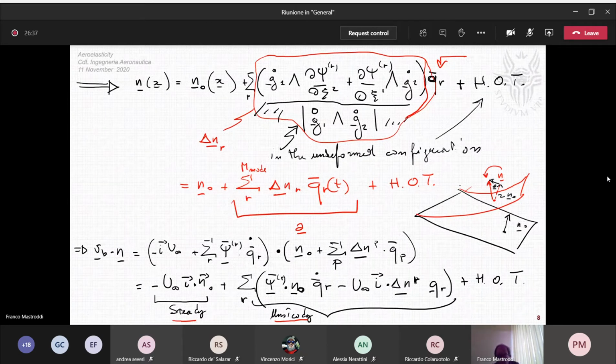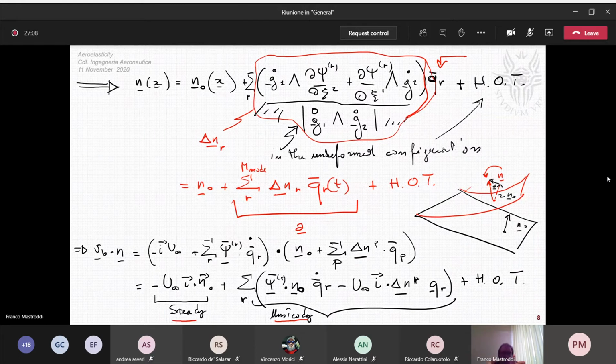So just a normal correction, taking into account the flexibility of the body. In red here we have the deformed normal, and here we have the original normal. So this difference vector is expressed here as a function of the modal coordinates, because this difference vector is essentially dependent on the deformation.